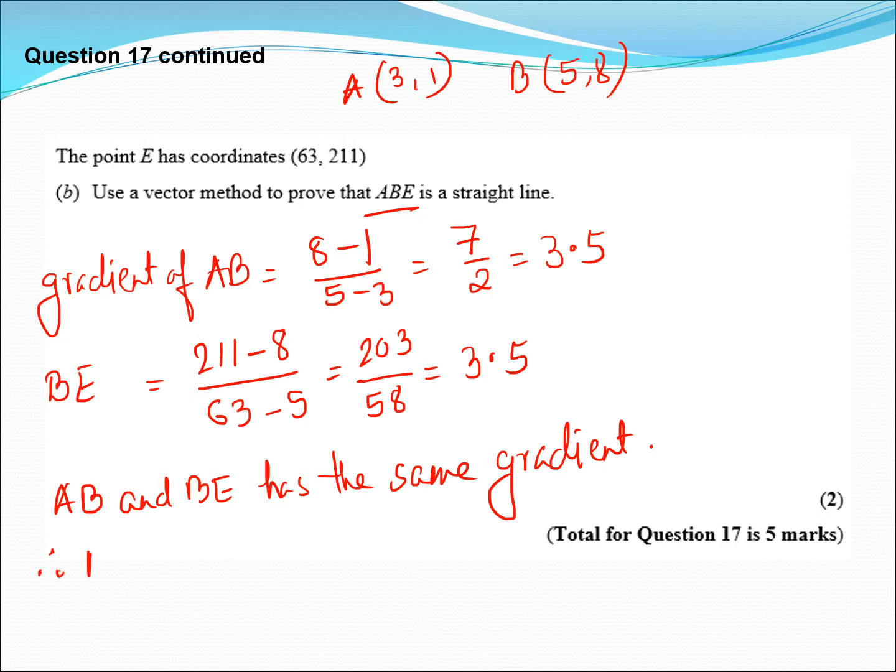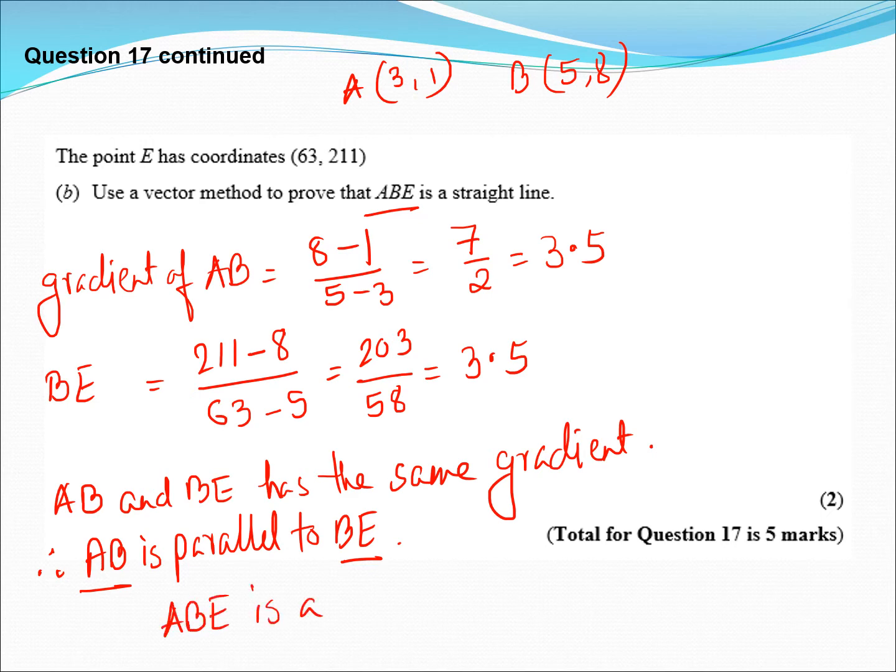Therefore AB is parallel to BE. But as AB and BE share the same point B, that's why ABE is a straight line.